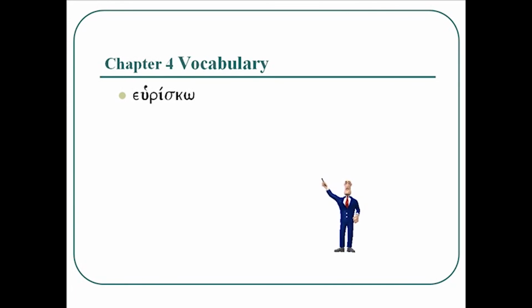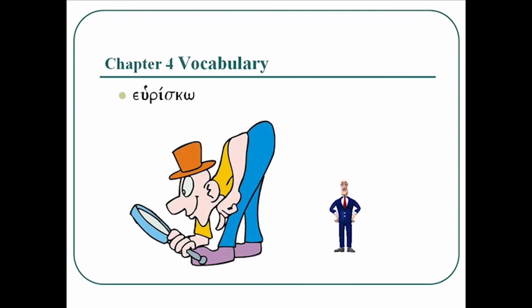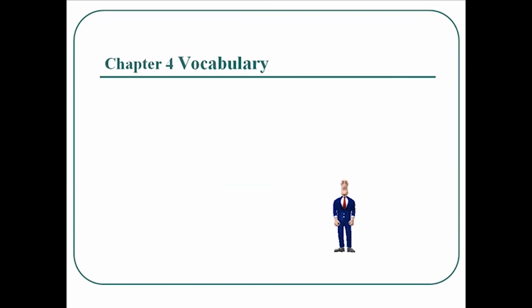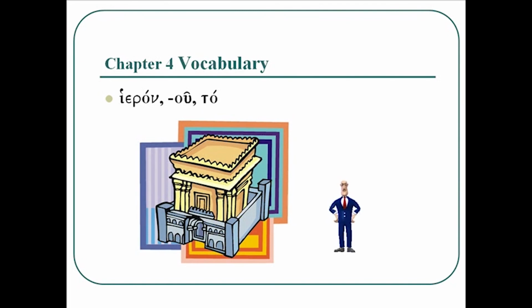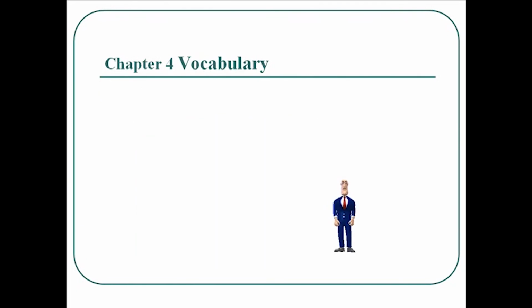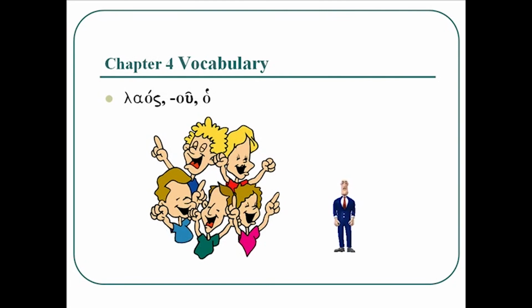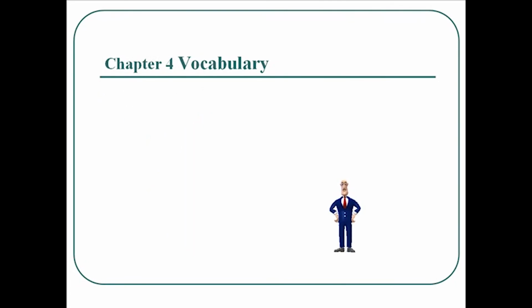The fifth word is heuriskO, and it means I find. The sixth word is hieron, and it means temple. The seventh word is laos, and it means people.